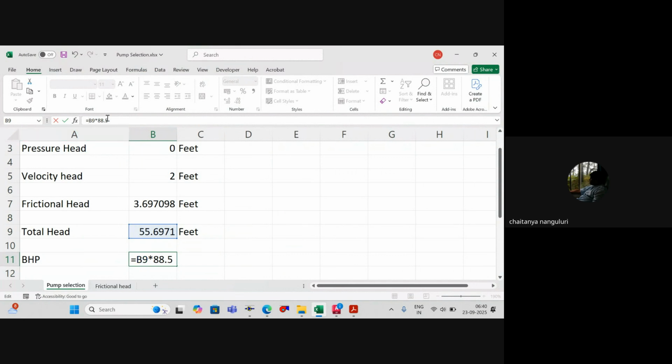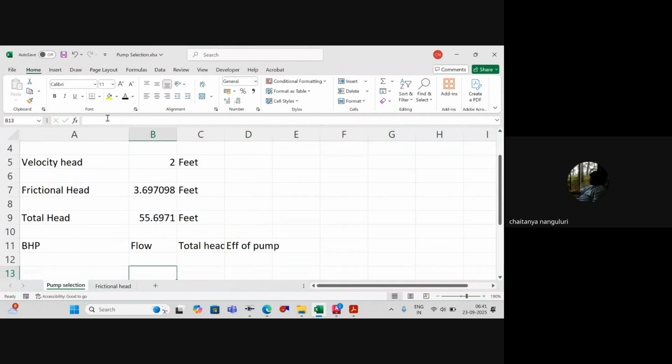I'll write it here, that will be better: flow, total head, and efficiency of the pump.